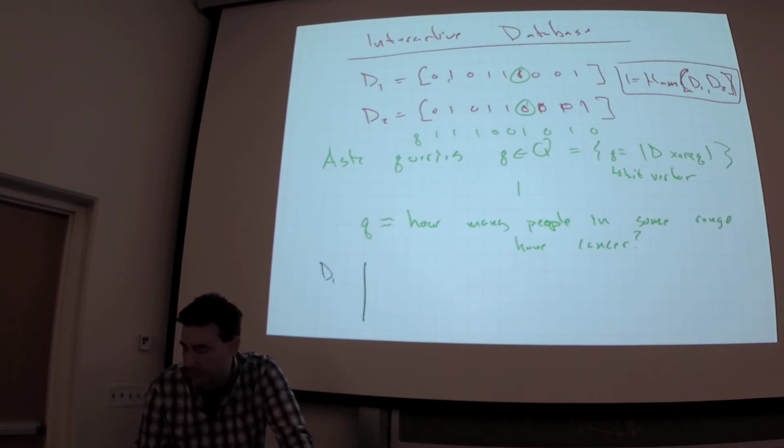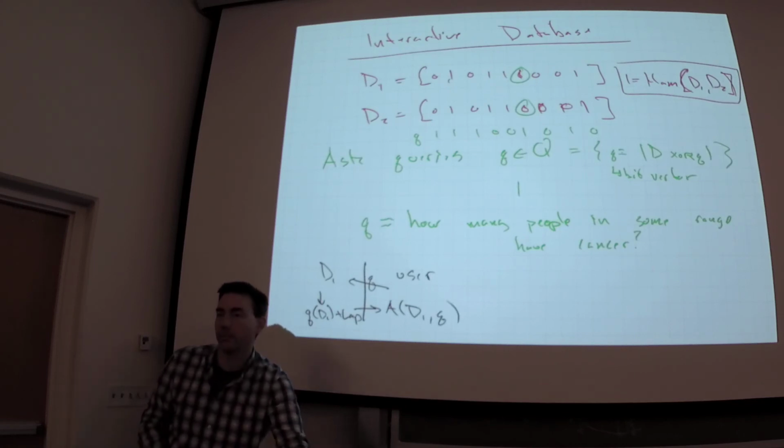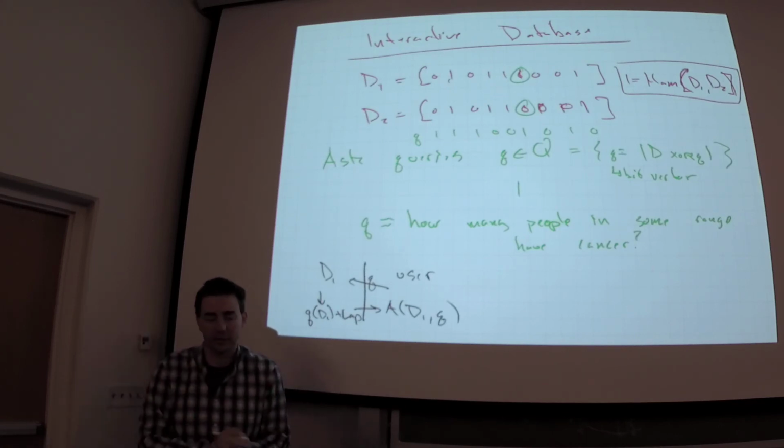There's going to be this barrier here, and I'm going to have a user. He's going to ask a query. What I'm going to do is calculate the query of D1 plus some Laplacian noise, and send this back over as the answer. Okay, so I'm only going to send back the answer.